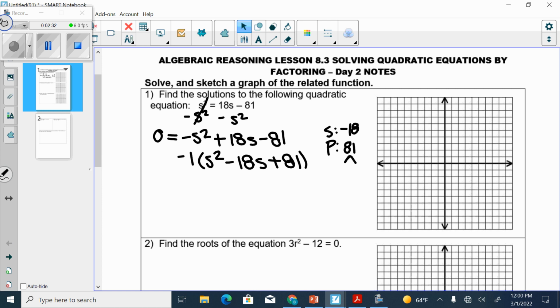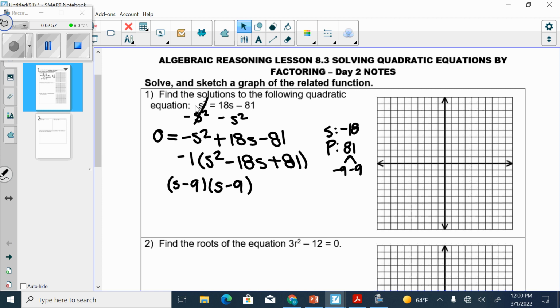A negative times a negative would give me a positive 81, but negative 9 plus negative 9 does give me negative 18. So now I write my two parentheses. I've got s minus 9 and s minus 9.